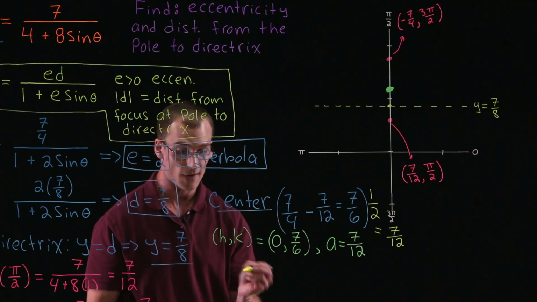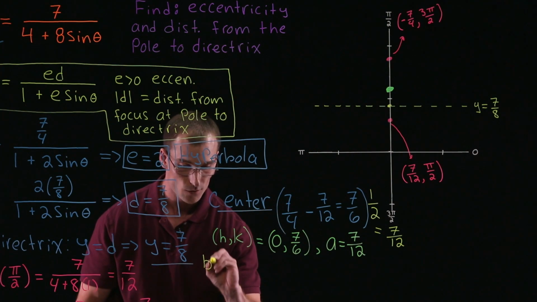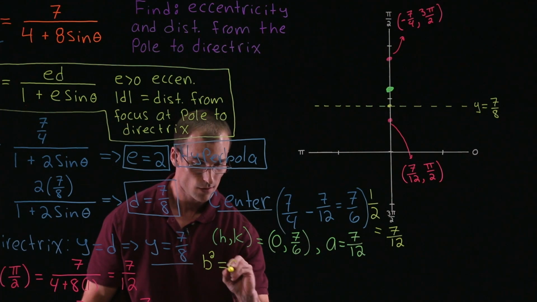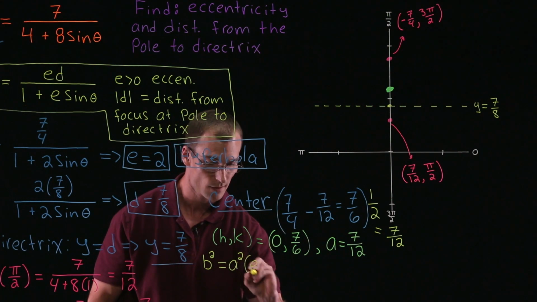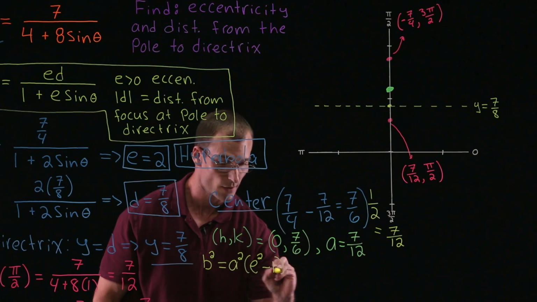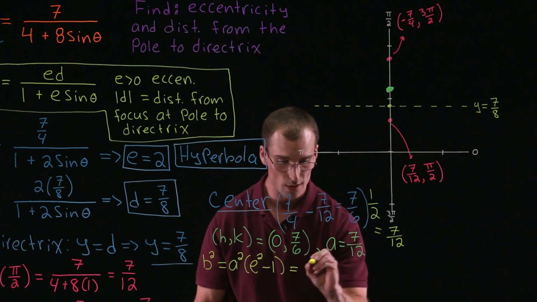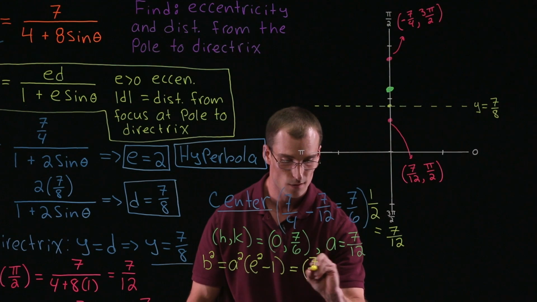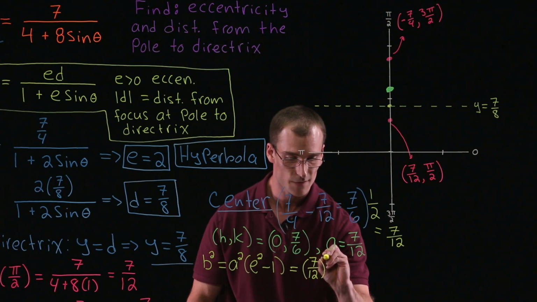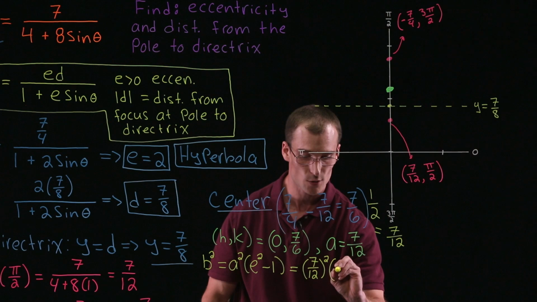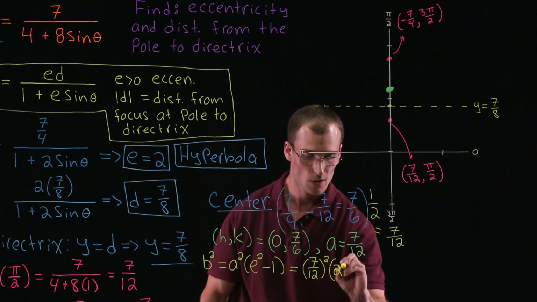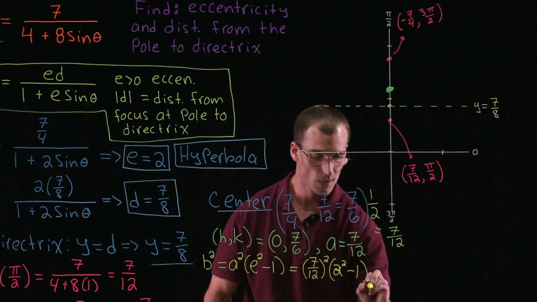We have a, we want to find b. So we know that b squared is equal to a squared times e squared minus 1. Fitting this in, b squared is equal to 7/12 squared times our e squared, which is 2 squared minus 1.